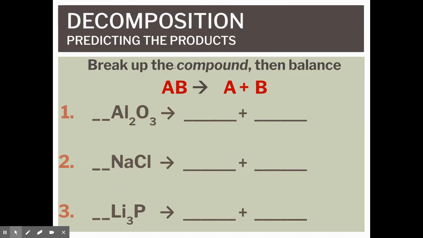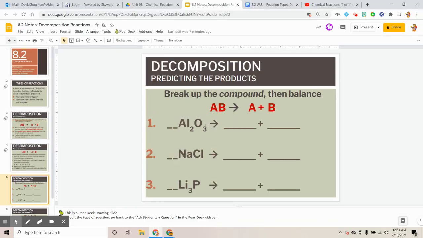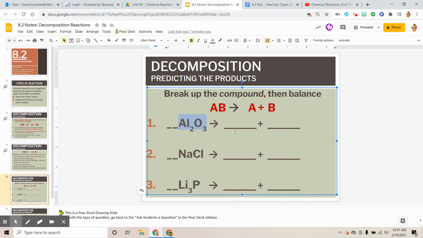Let's take it through a few decomposition reactions, and I'm going to get out of presentation mode so I can show you here. So let's say I give you this aluminum oxide, Al2O3. I know if it undergoes any kind of reaction, it will be a decomposition reaction. The reason is because I'm given a single compound, and the only thing it can do is break down.